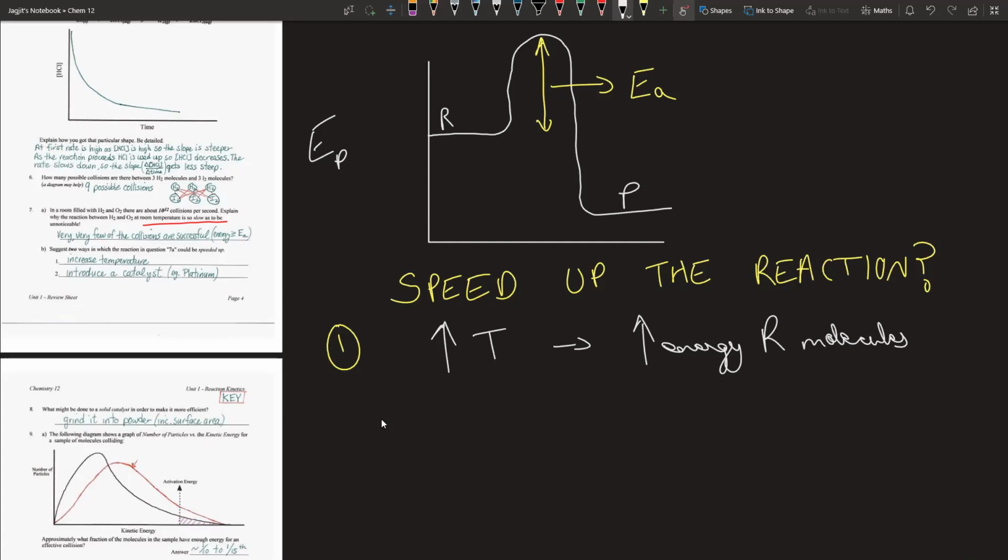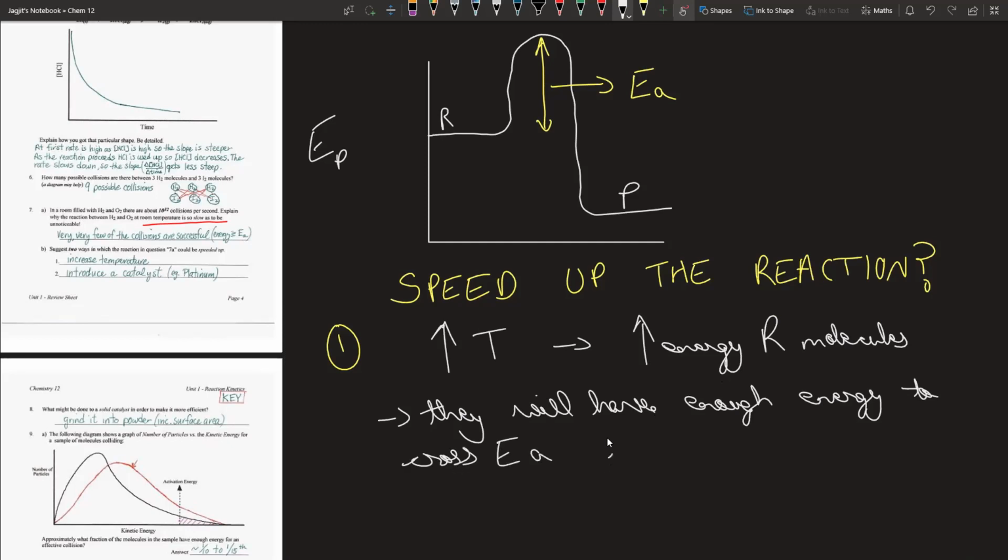So now they will have enough energy to go past the EA barrier, to cross your EA barrier. Does that make sense? So what's the best way of speeding up any reaction? You increase the temperature.